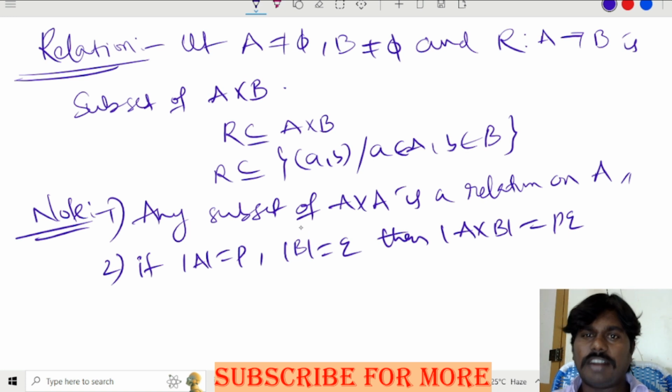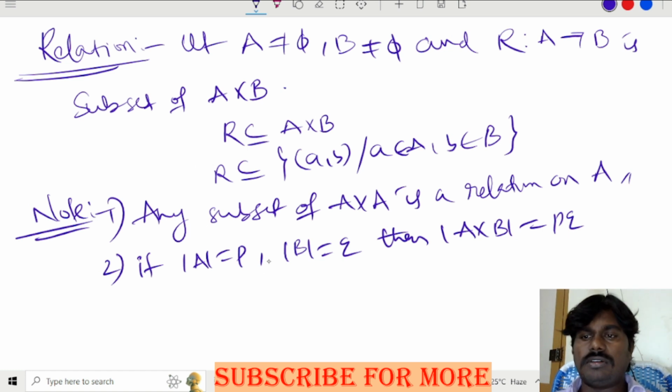Now, the number of relations from set A to B. Here a relation is nothing but a subset of A cross B. We discussed in sets that if a set contains n elements, then it must have 2 power n subsets.